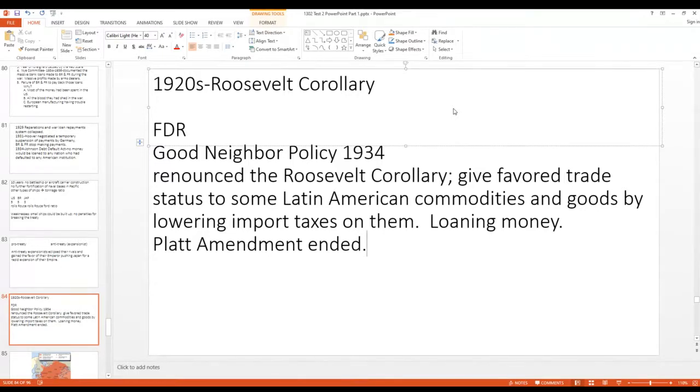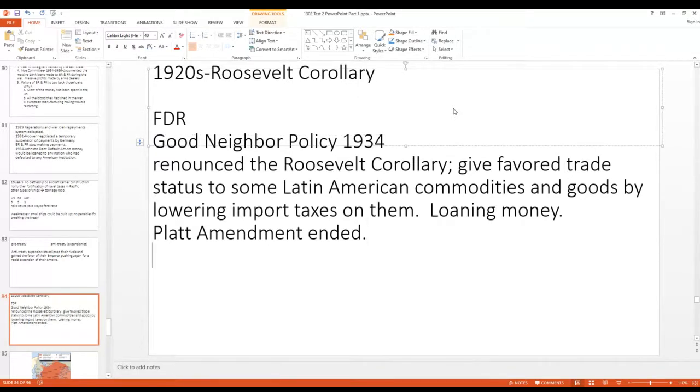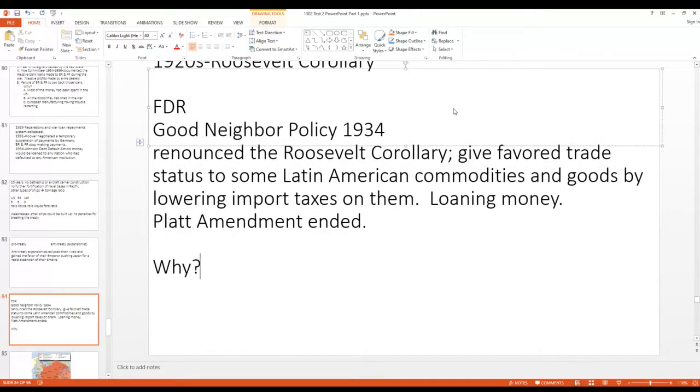Now, why is Roosevelt doing this? What is his reason? Again, this is in 1934. Trouble in Europe is already brewing.